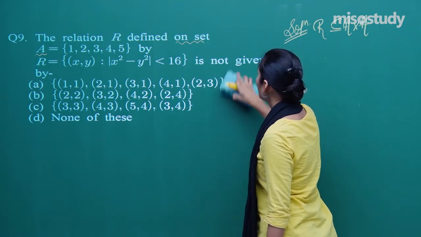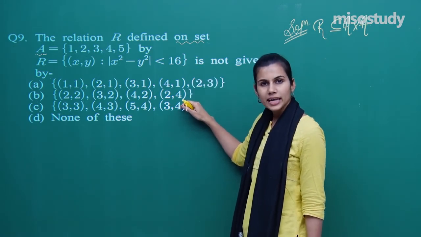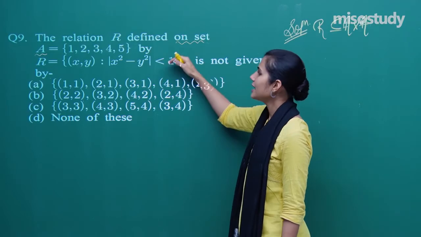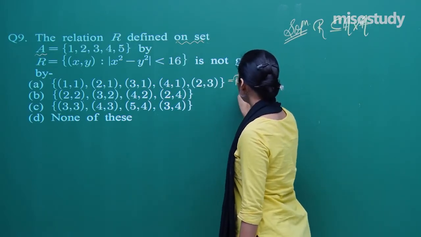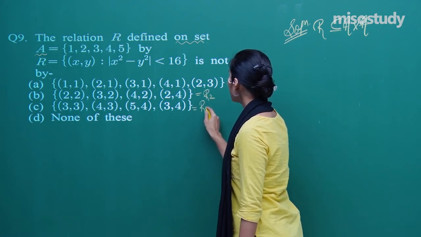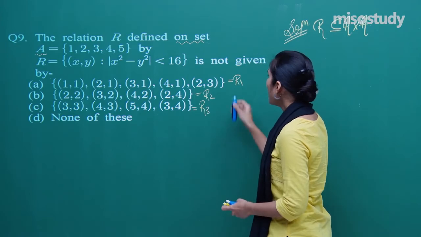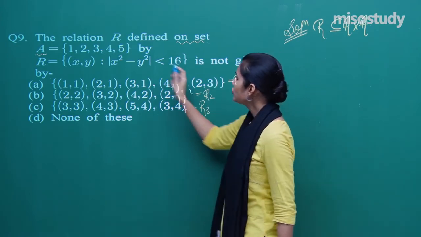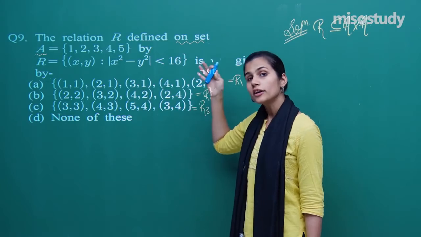So let's see which of the following relations given in points A, B and C do not satisfy this relation R. Let me name them R1, R2 and R3. I have to show whether R1 actually consists of ordered pairs which satisfy this rule or not.